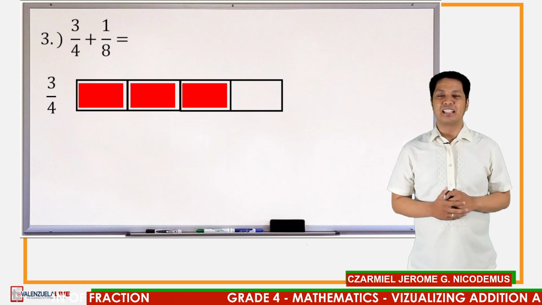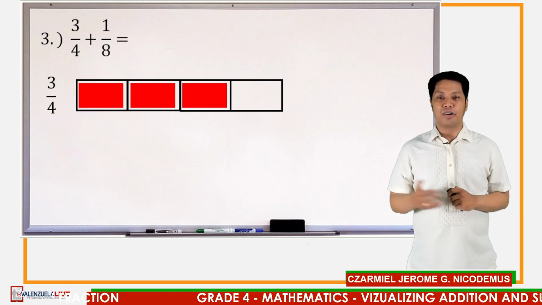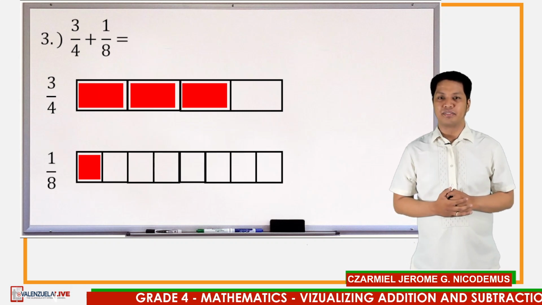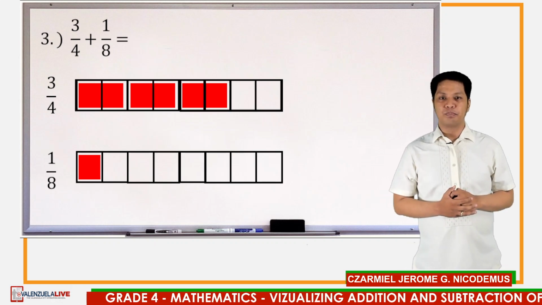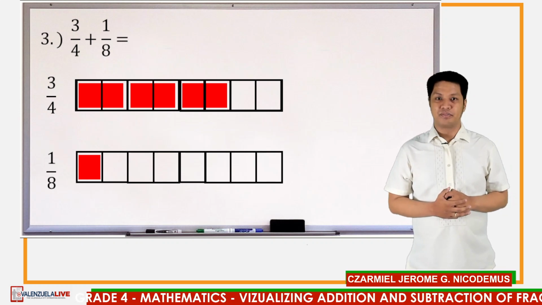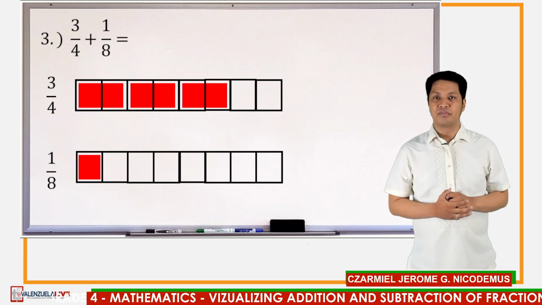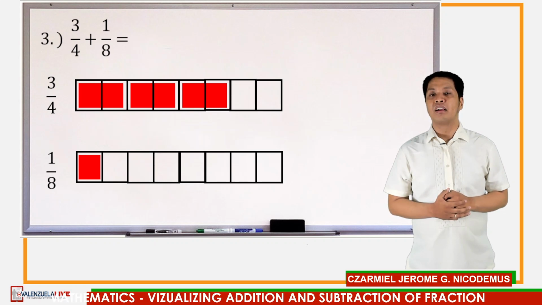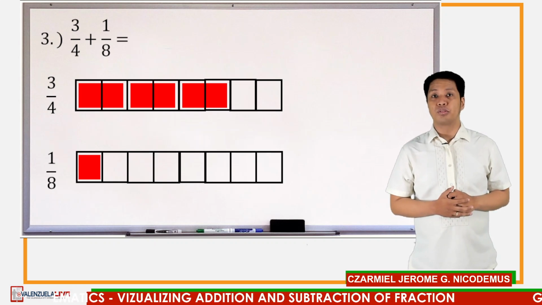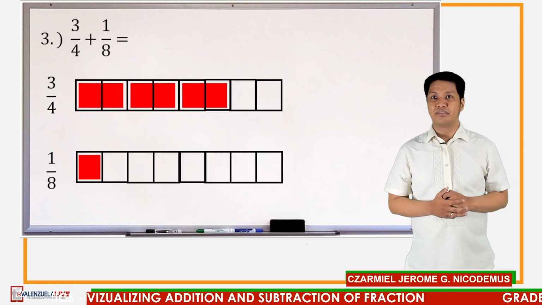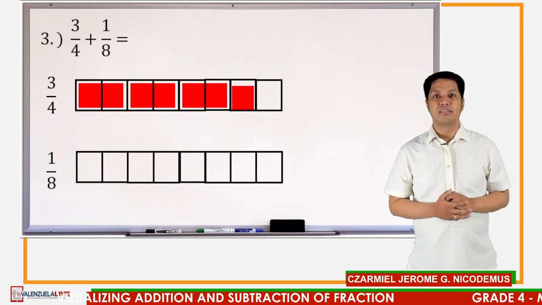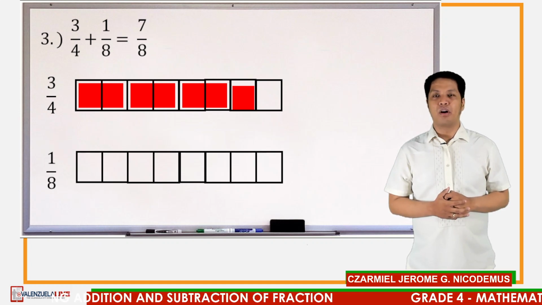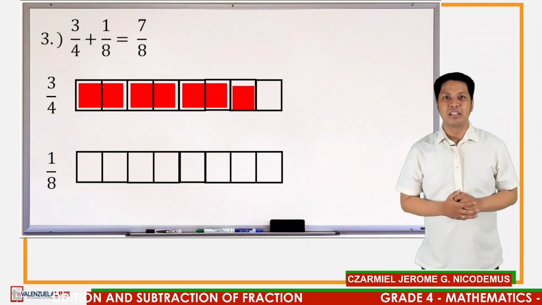So this figure shows us 3/4 and this figure shows us 1/8. So let us put together the shaded part. So again, 3/4 is also equal to 6/8. So 3/4 plus 1/8 equals 7/8.